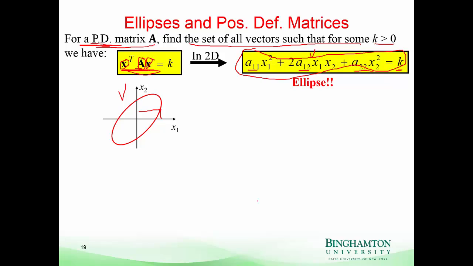Okay, so k is not terribly important. But what's important is the orientation of the ellipse. And that's set by the A11, the A22, and the A12. If you remember when you talked about ellipses in analytic geometry, you talked about how sometimes they were aligned with the axes and sometimes they weren't. All right, cool. So we've now tied this back to matrices and vectors and quadratic forms and positive definite matrices.